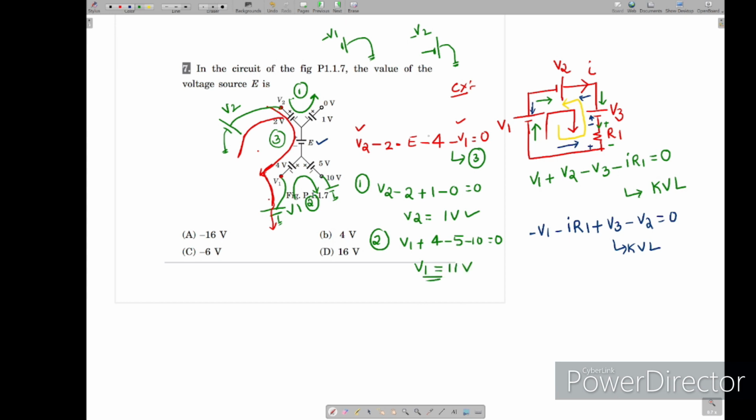Substituting these two in this equation, V2 is minus 1, so minus 1 minus 2 minus E minus 4 minus 11 equal to 0. If we go to this side, we got 2 minus 15, 16, 17, so 16 volts.